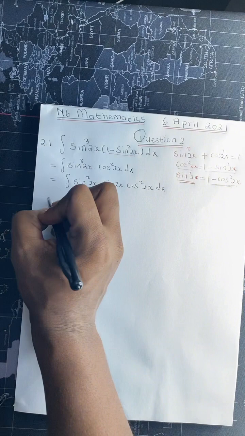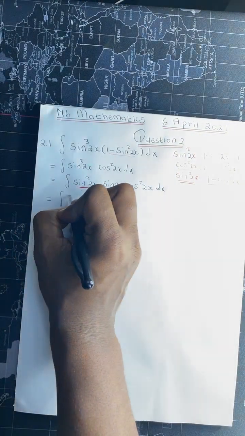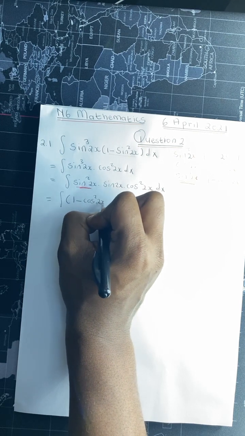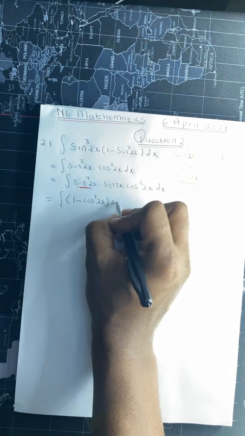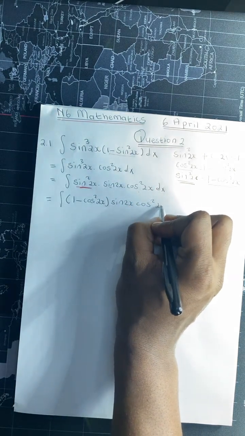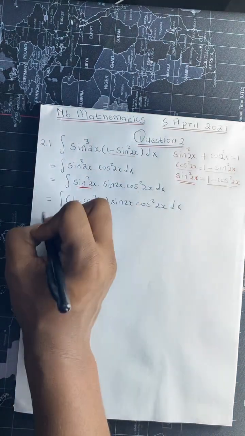So our integral will be equals to 1 minus cos squared 2x multiplied by the sine 2x and the cos squared 2x dx.